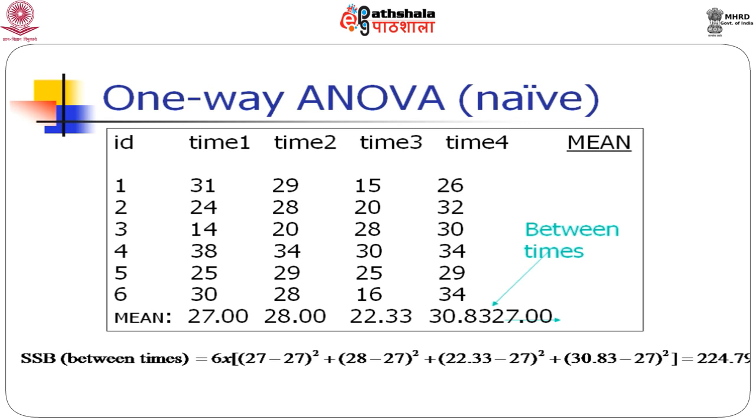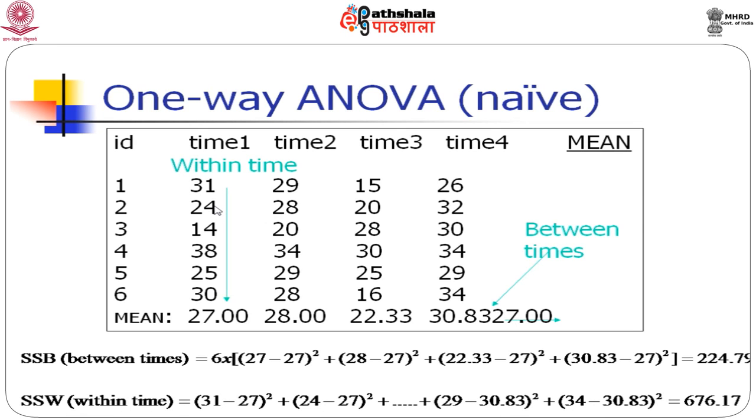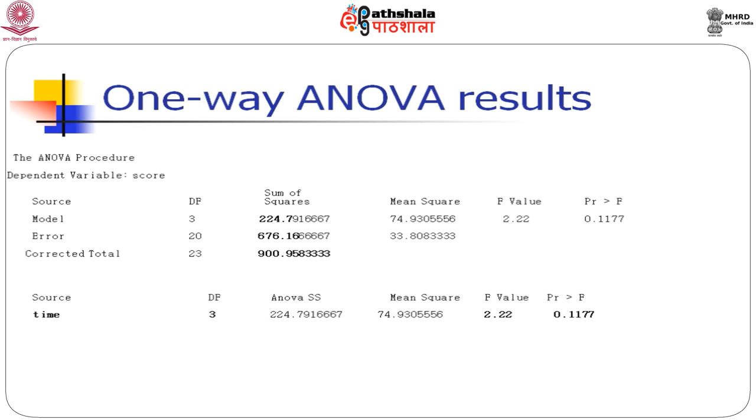That is 224.79. Similarly, within time can also be considered, and that is computed to be 676.17. Using simple code in SAS or any other software, we can get this done. The model, error and corrected total SS can all be computed here.